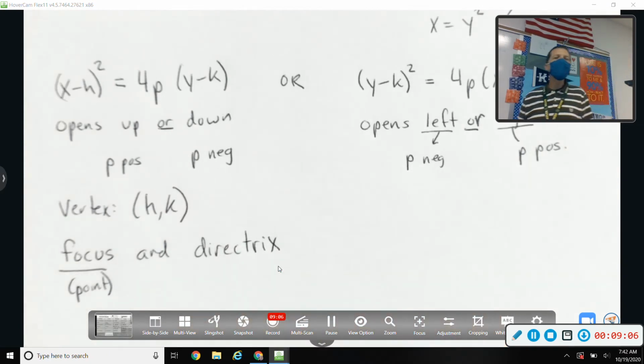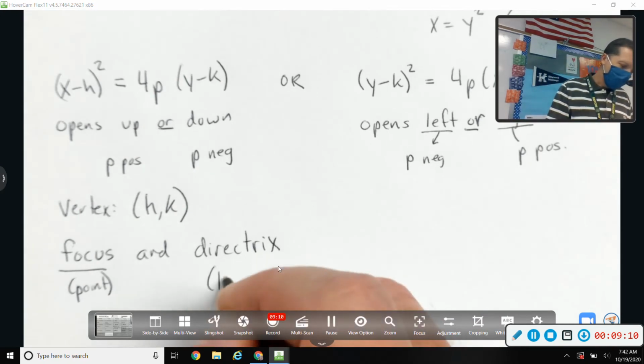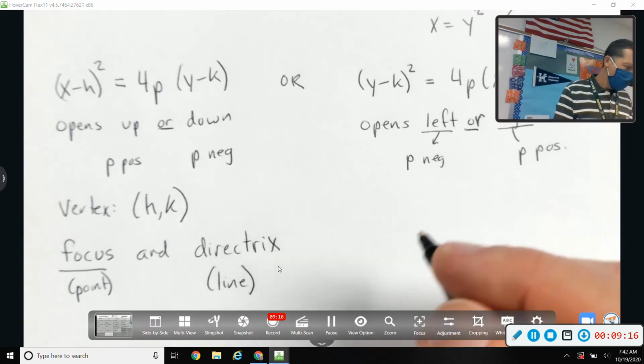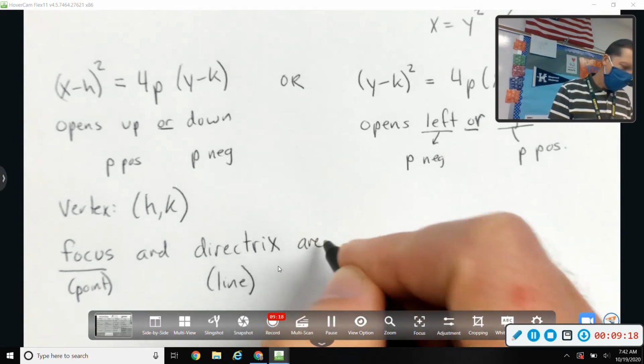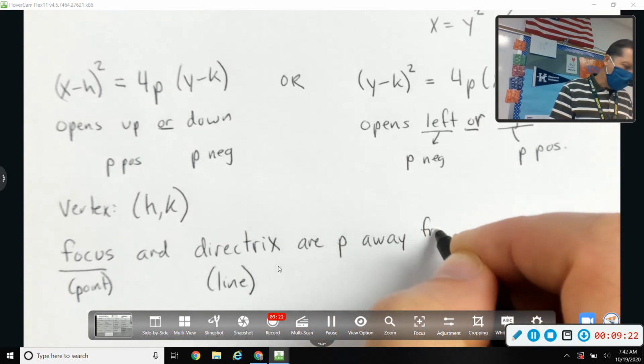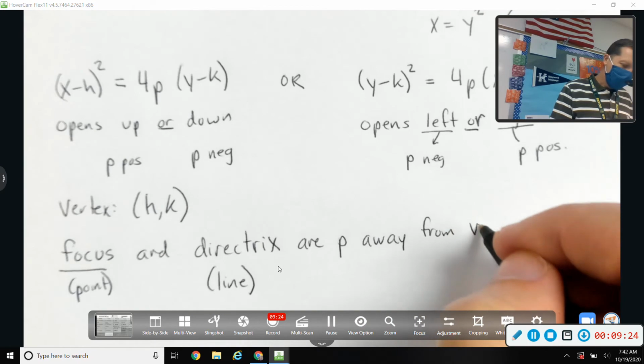so there's a new word, directrix, and the directrix is a line, not a point. Both are p away from the vertex.